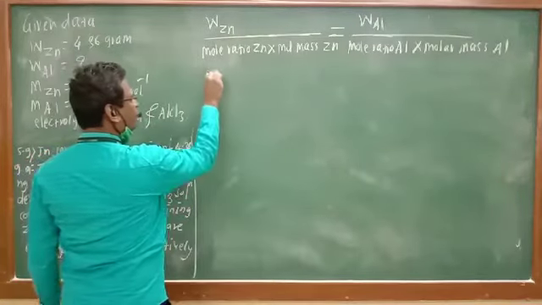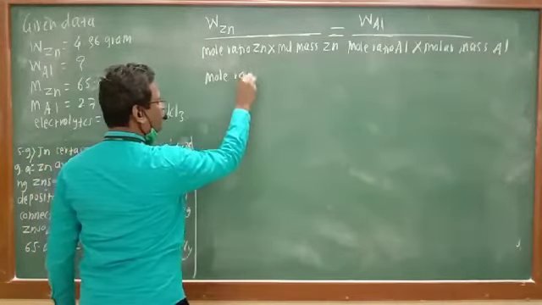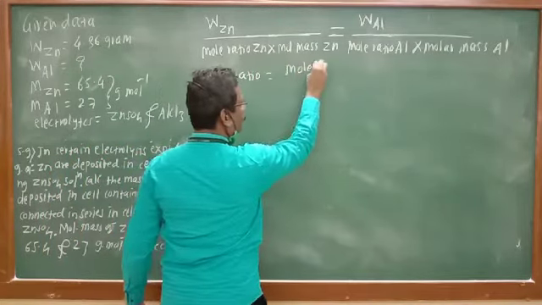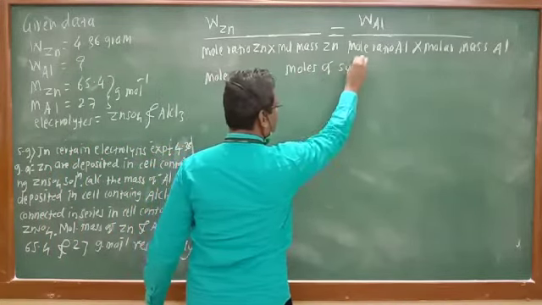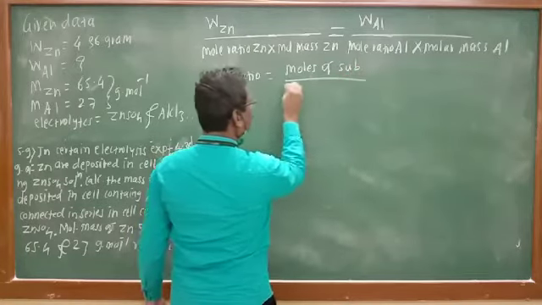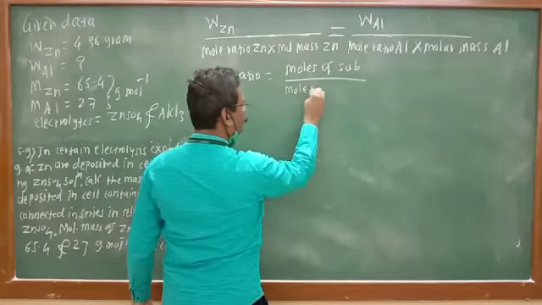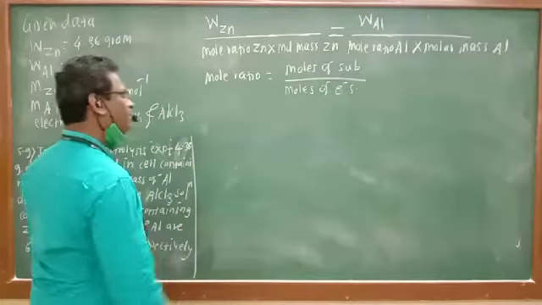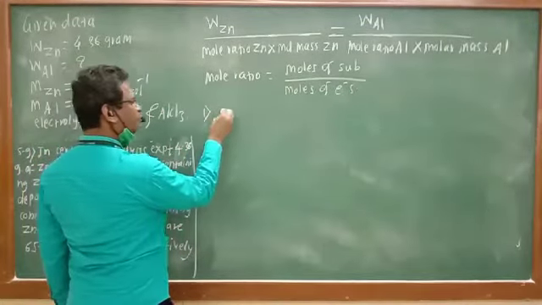Mole ratio, we know the formula: mole ratio will be equal to moles of substance divided by moles of electrons. So calculate the mole ratio of zinc.